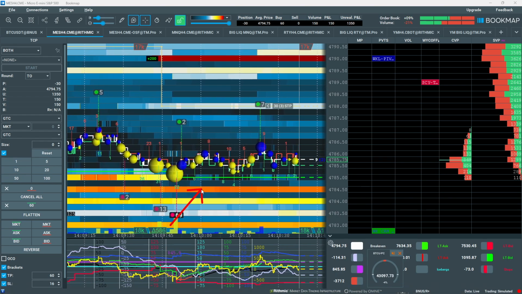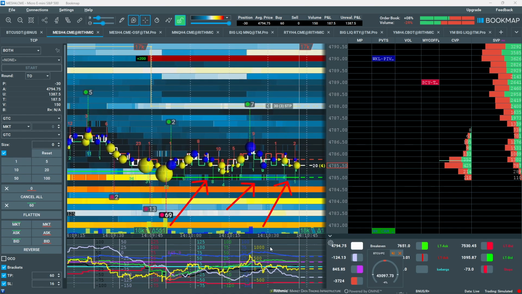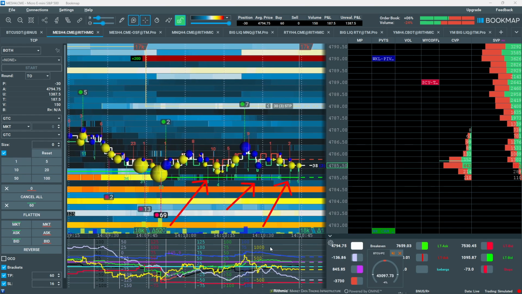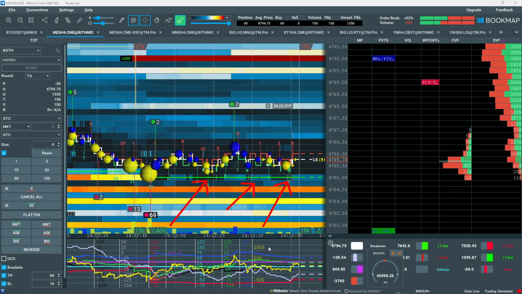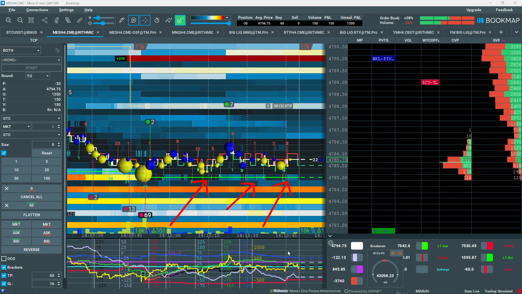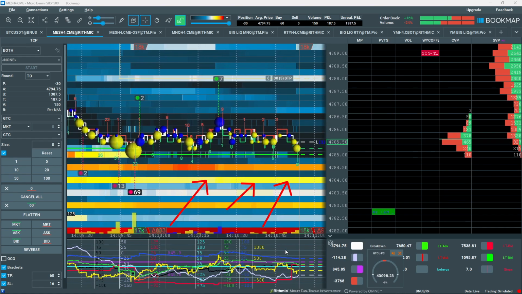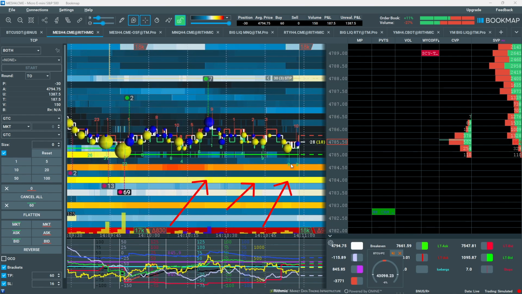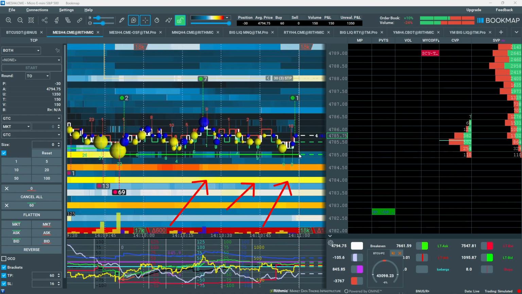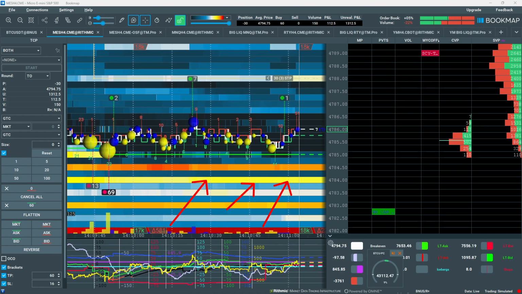Sweep RTY. Absorption RTY. So we're seeing a little exhaustion here from the sellers. Let's see if they could jump back in the game and break down 47.85, which is the second lower deviation band on the VWAP.